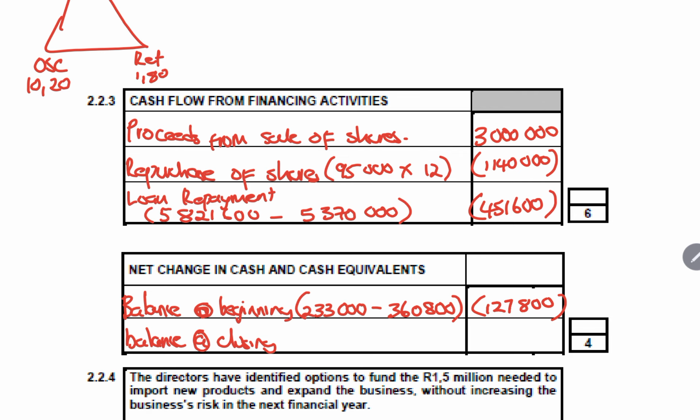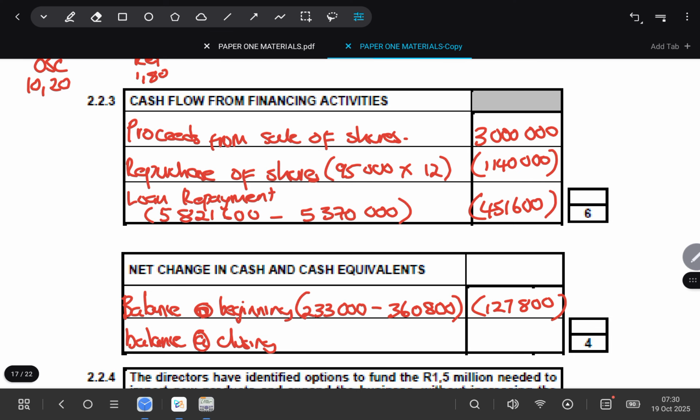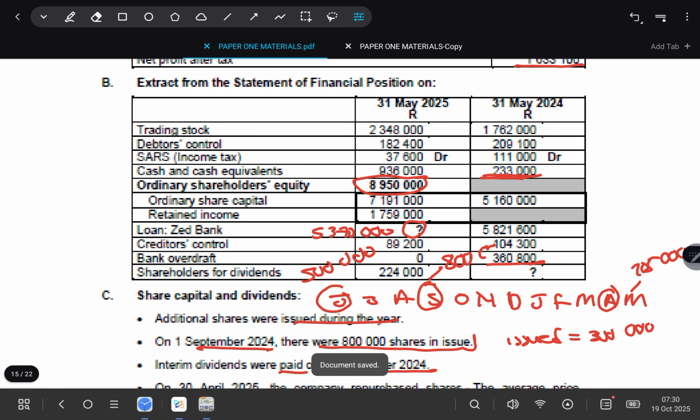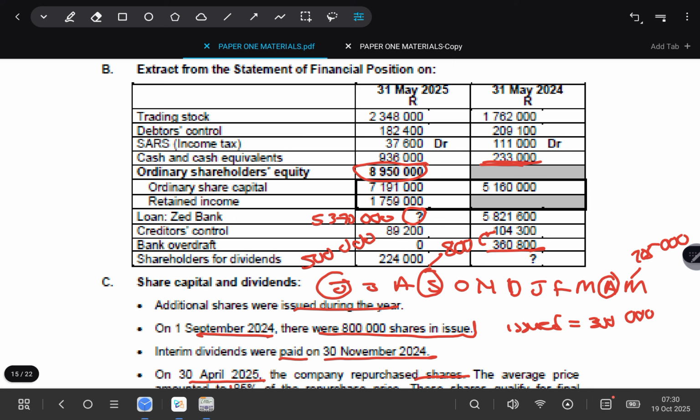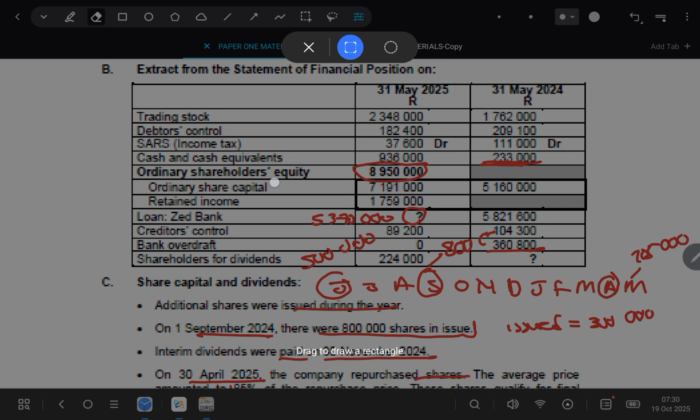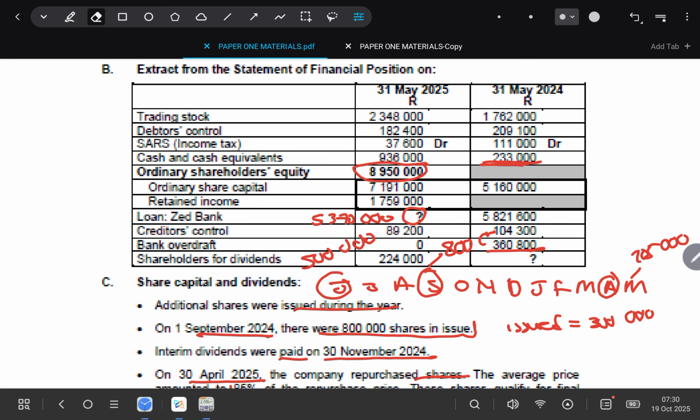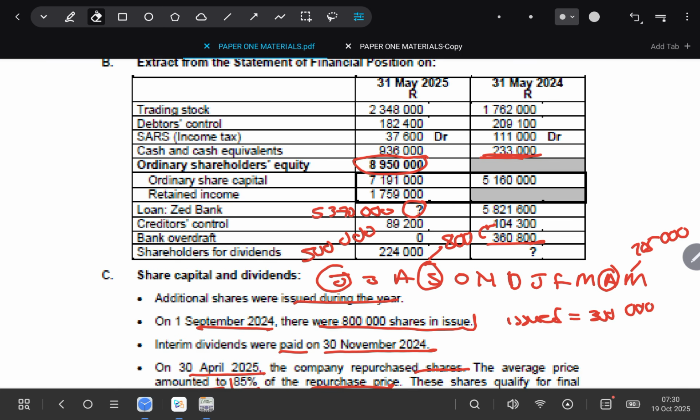So we'd have that 127,800 here. After this, you check the balance at the end. You must also check that condition, if there is an overdraft. Luckily here we didn't have an overdraft, but at the end for cash and cash equivalent we had, let me erase, I think it's 936,000. I would have to unzoom it first. Okay, so I'll erase here so that we can see clearly what we have. So cash and cash equivalent, I think the amount is 936,000.